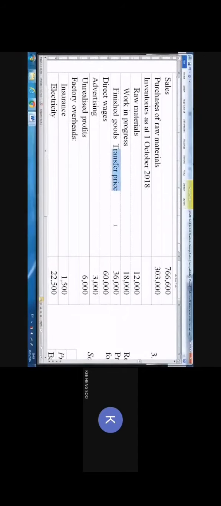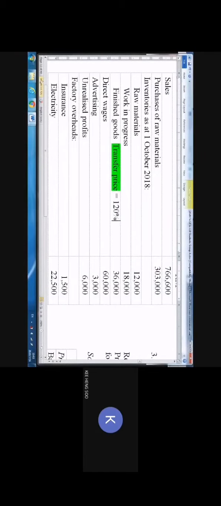You see that? So this transfer price means it's cost plus 20%, which equals 120%, because the cost price is the cost plus 20%.